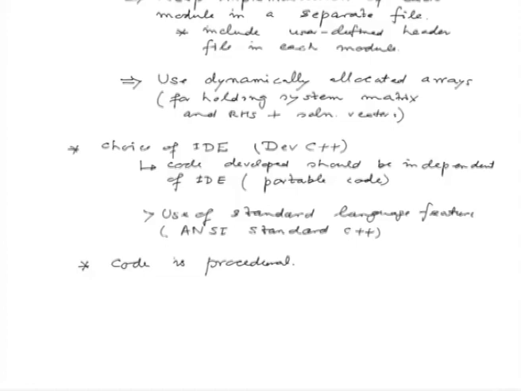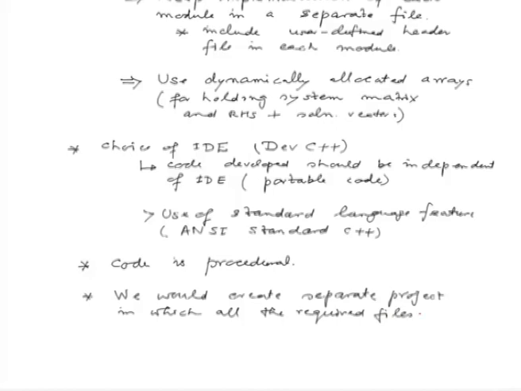Okay, since we have broken our code into different files, so on Windows operating system and in our development environment, we would create a separate project in which all the required files would be included, and this would facilitate our job of compilation of the code and debugging and running of the code.